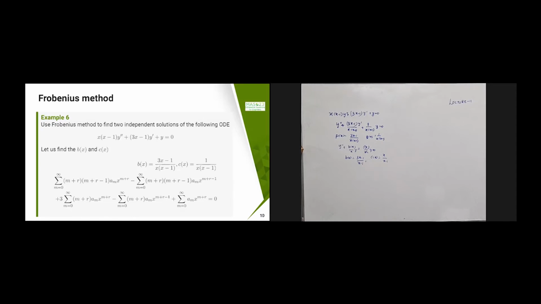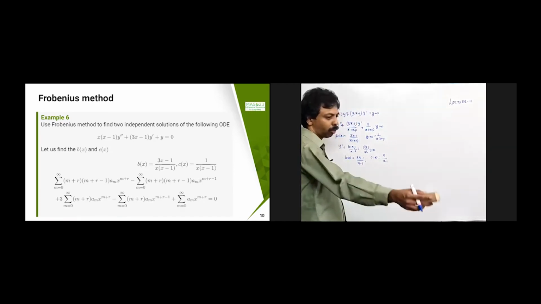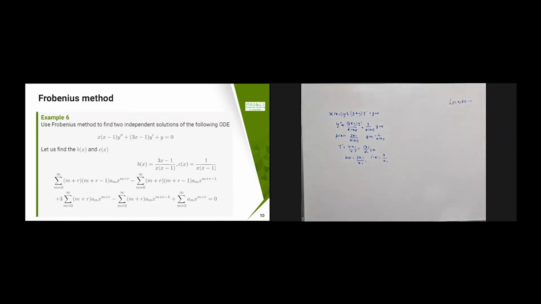So you can apply the theorem and then find the solution. That should be p of x and q of x instead of b of x and c of x. This is your p of x and q of x, and q of x would be x by (x minus 1). If you want to compare with this equation, that is not the p of x.